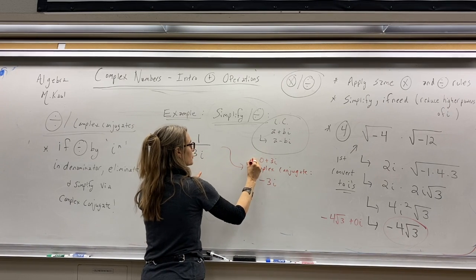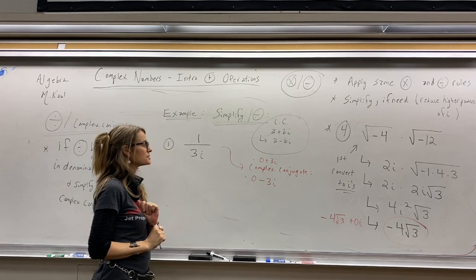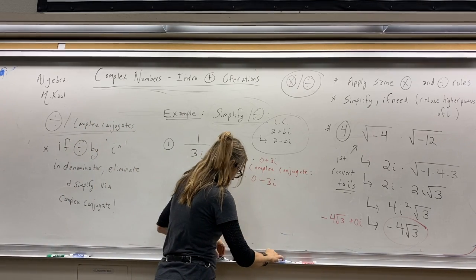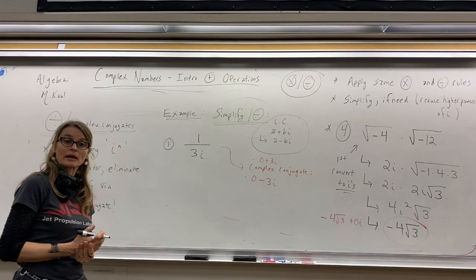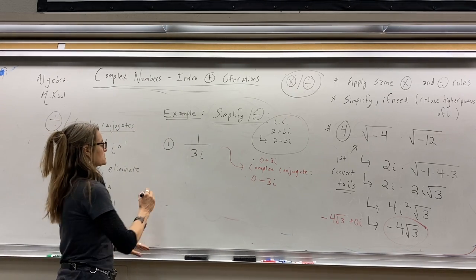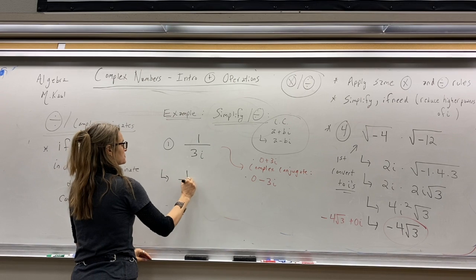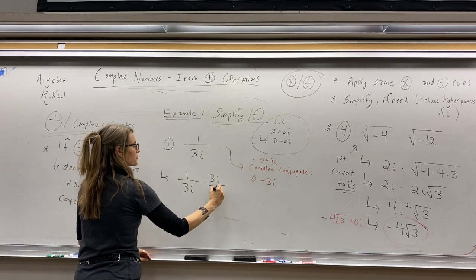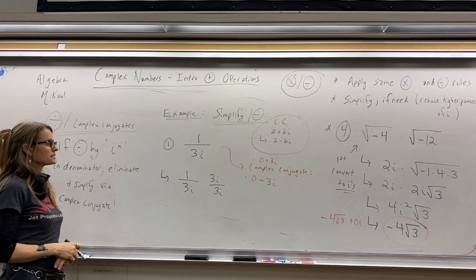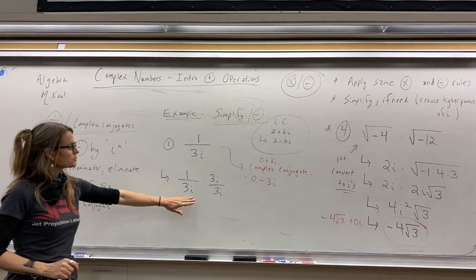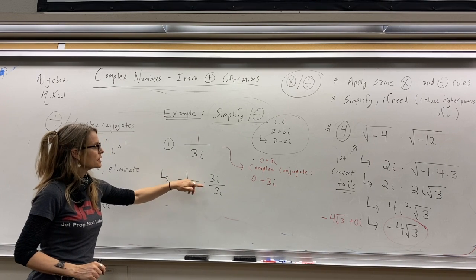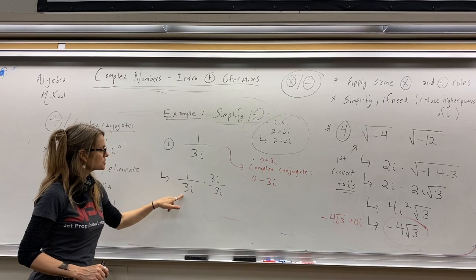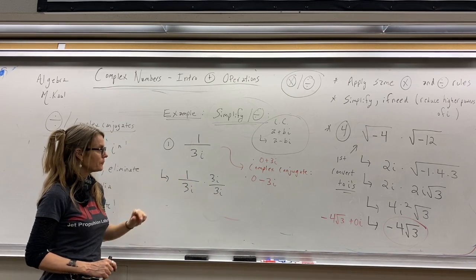This becomes 0 minus 3i. So all we need to do is multiply by minus 3i, and we'll notice that you can really just multiply by 3i and get rid of your i squared. So I'm going to go ahead and multiply this by 1 over 3i times 3i over 3i. And we know that what we have to do is multiply numerators and denominators to keep the value the same. So if you're going to multiply the denominator by your conjugate, you've got to multiply the numerator as well.